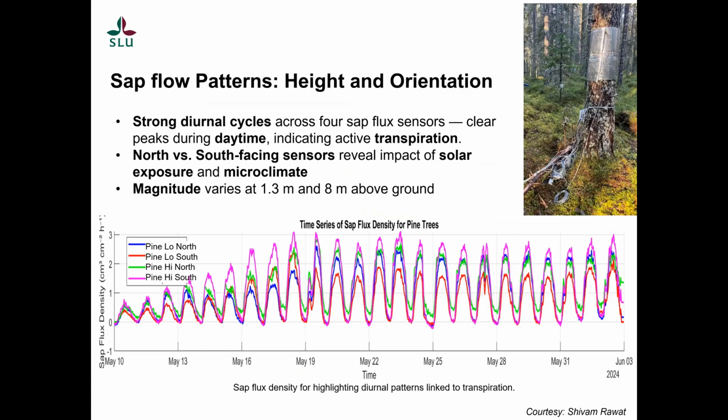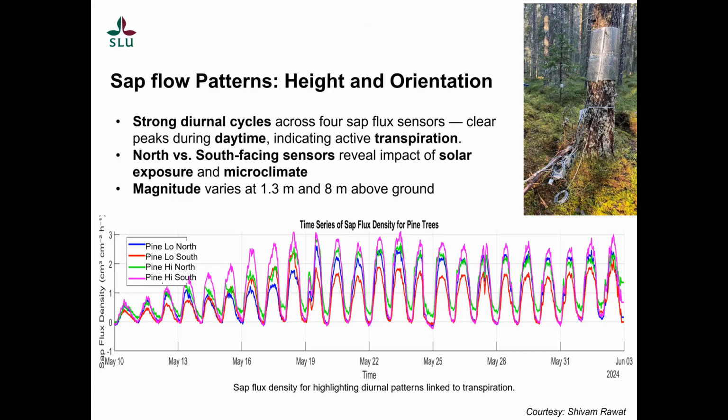We have also mounted sapflow sensors on different sides of the trees and at different heights. For this graph, we have the results from breast height, 1.3 meters above ground, and 8 meters above ground. We have also mounted a sensor 40 meters above ground, and I haven't got the results yet. But we see these strong diurnal cycles.